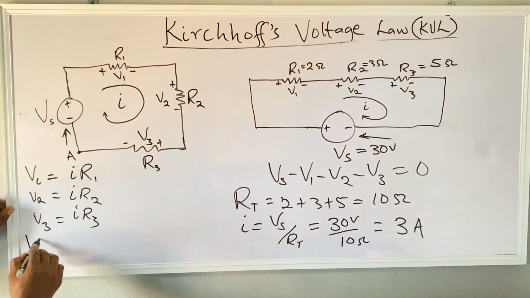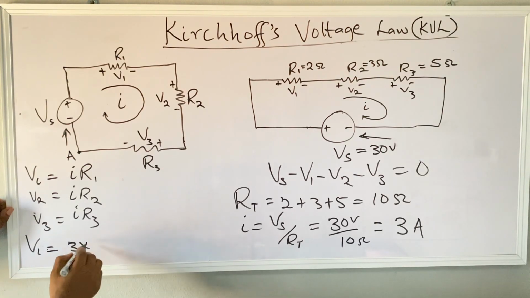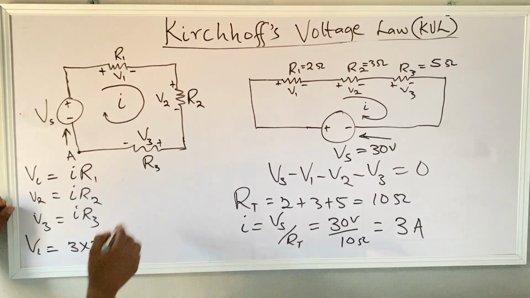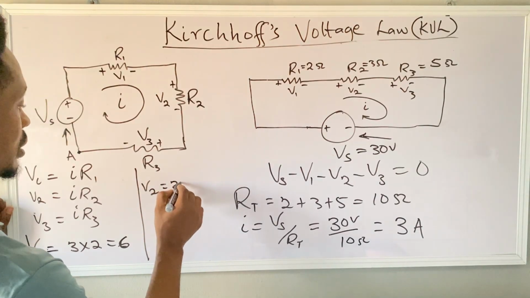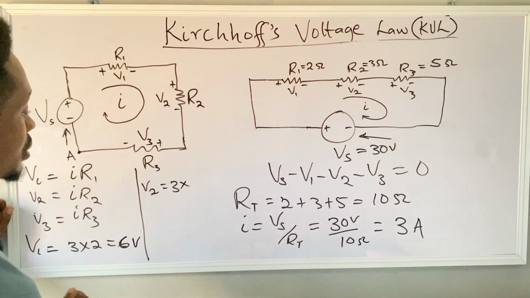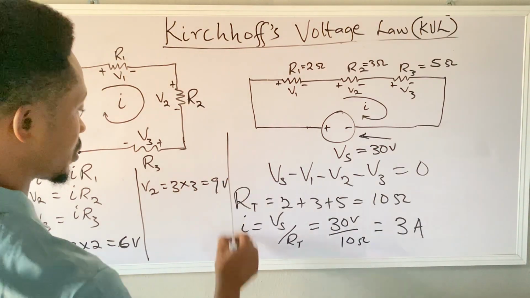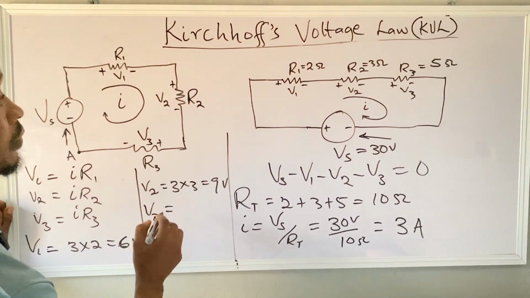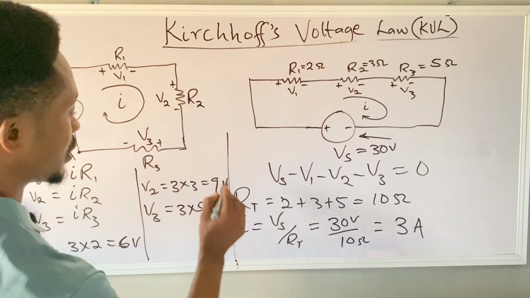So V1 equals 3 times 2, which is 6 volts. V2 equals 3 times R2, which is 3. This gives us 9 volts. And V3 equals 3 times 5. This gives us 15 volts.